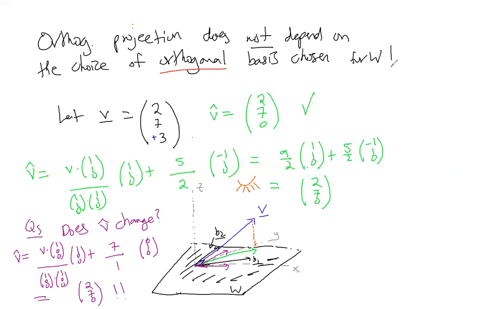Okay, so I think I'll end there. There's a bunch of true-false questions on the worksheet to test conceptual aspects of orthogonal projections, and we'll do a lot more of this after spring break.